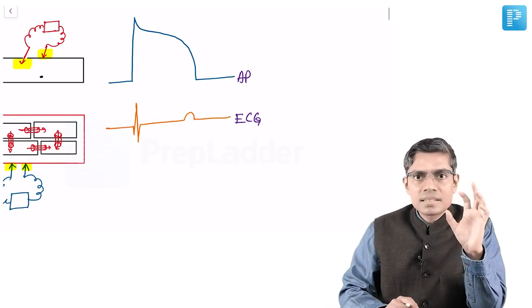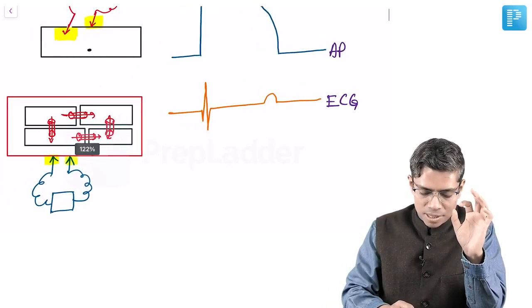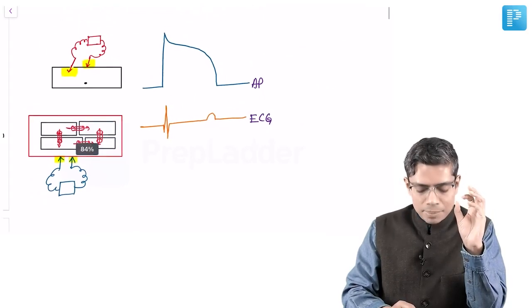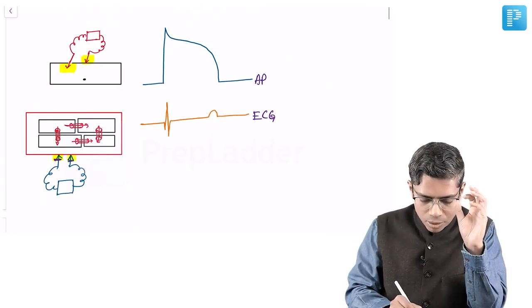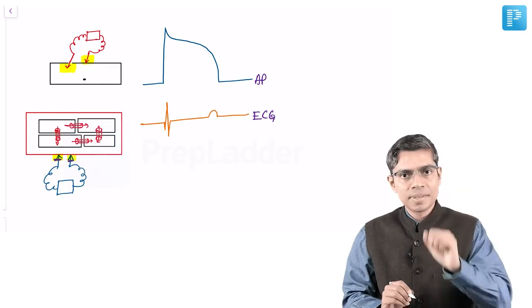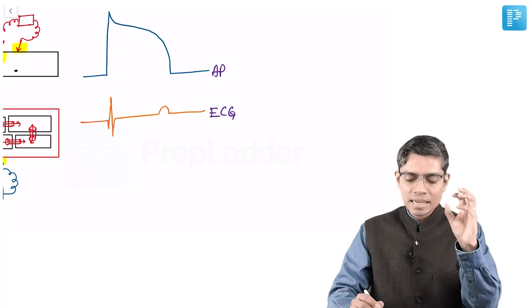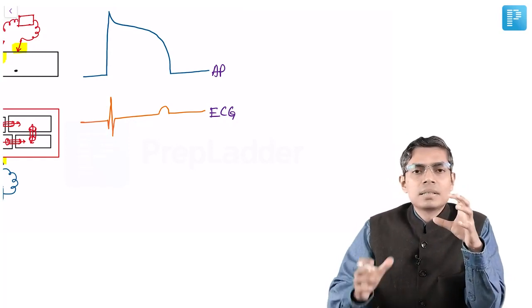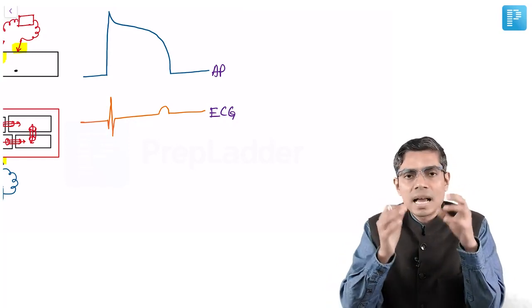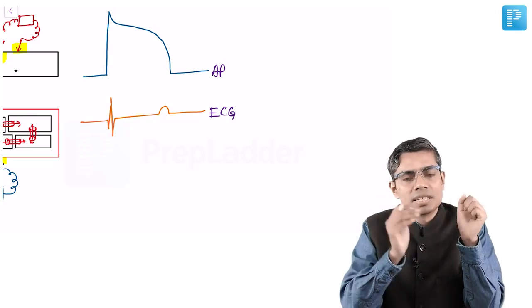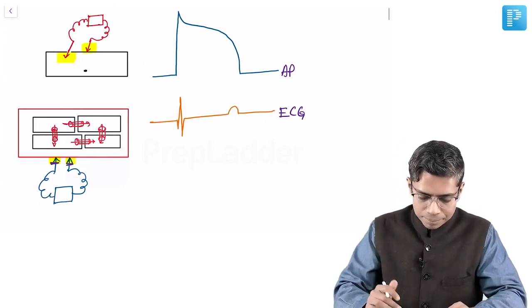But rather than taking a single cell, if I take a group of cells and place both electrodes on the surface of this group of cells, then you are going to get an ECG, and that ECG is nothing but a summated version of all the action potentials generated inside these cells. What is the meaning?